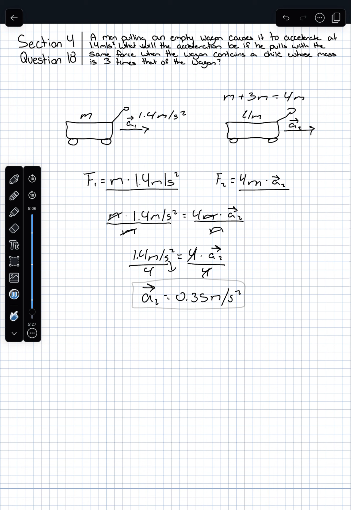Just drop these units down, and that leaves us with the acceleration of the second wagon with the same force with a mass 3 times that of the wagon inside.